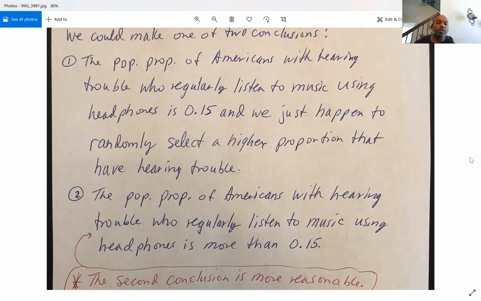So those who normally use headphones are more prone to have hearing trouble.